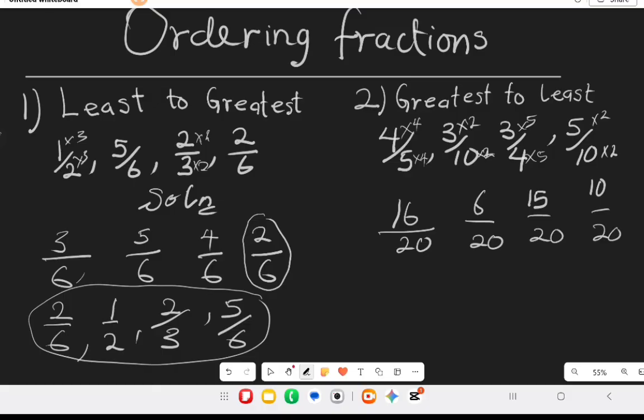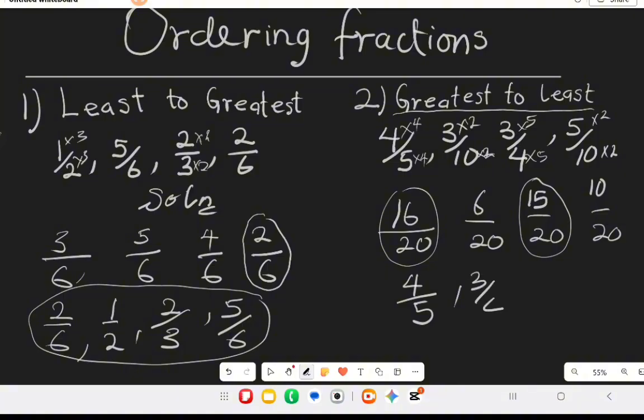And what are we looking for? We are looking for the greatest to the lowest. The greatest numerator is 16 over 20, and retaining the original fraction, that gives us back 4 over 5. The next one is 15 over 20, and the original fraction is 3 over 4.